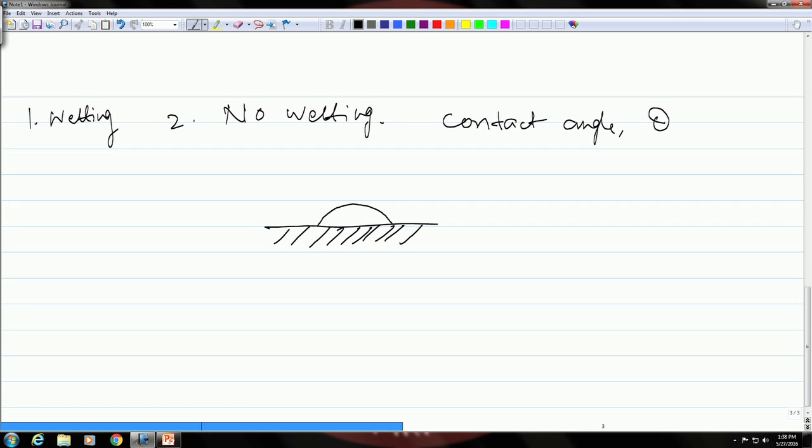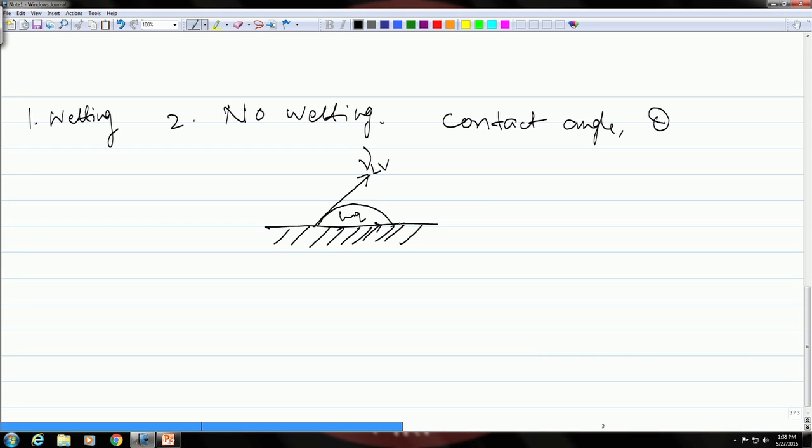As I said, whether wetting will happen or not will depend on the surface energies, which will finally come back to this contact angle. This is the surface energy between the liquid and the vapor. If we call the surface energy gamma, this will be gamma liquid vapor, the surface tension of the liquid.